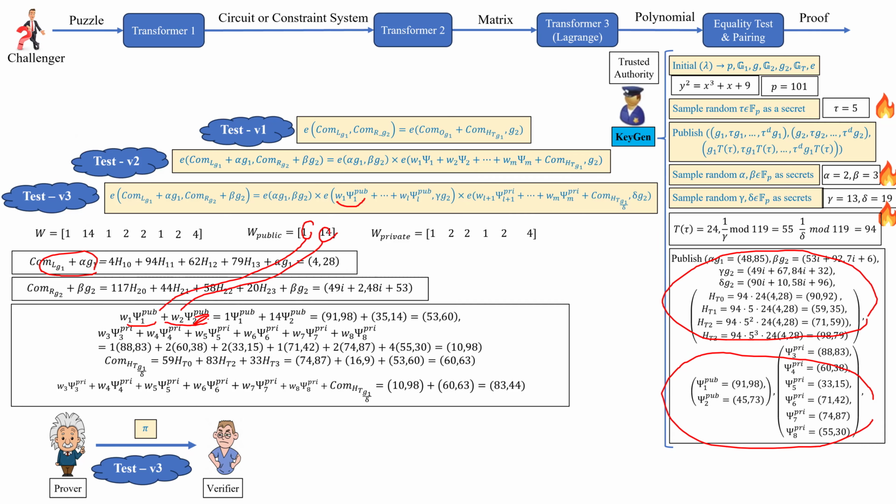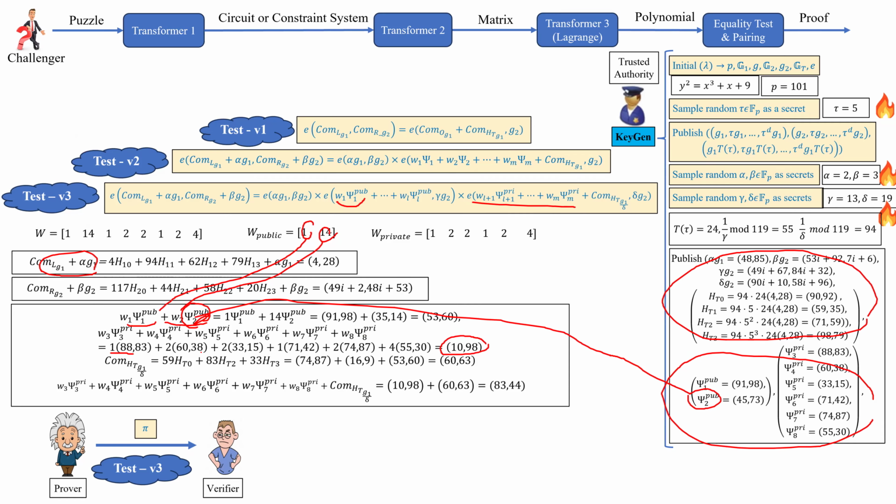And psi2 pop is given from the SRS values, right? And then again, we have a list of scalar multiplications, and then addition of different points to each other. And this is the final result for this part, right?